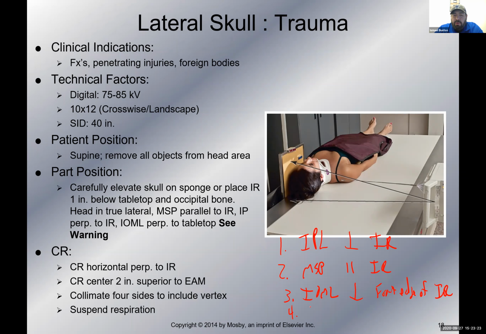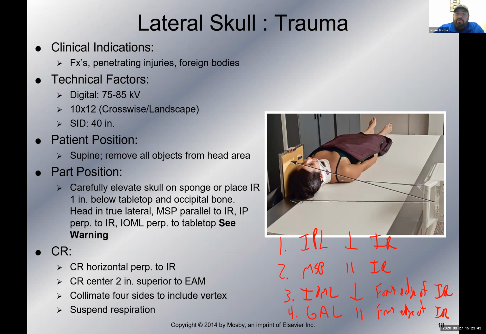And then number 4, the GAL is parallel to the front edge of the IR. Those 4 things will make sure that you have a true lateral position with no excessive flexion or extension, no rotation, no tilt.